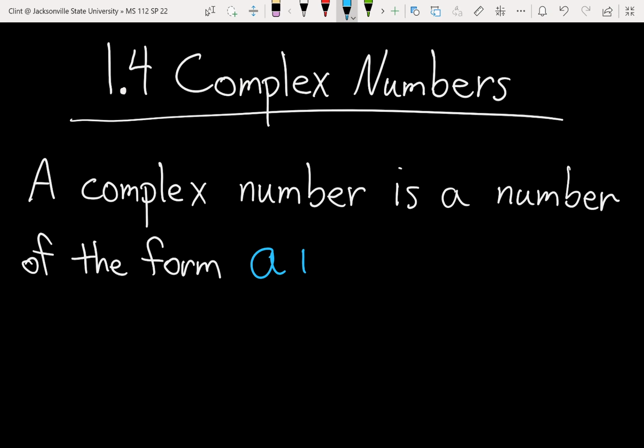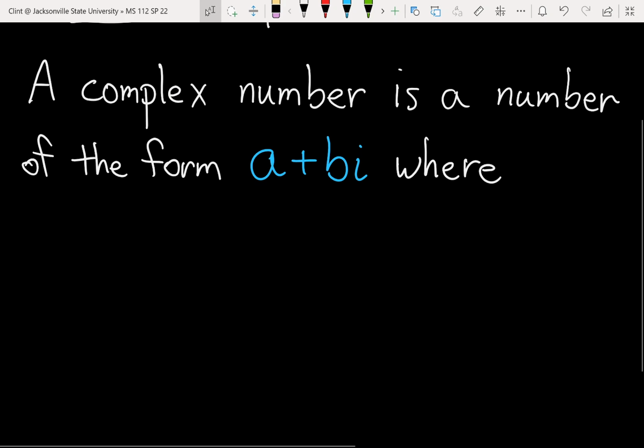It looks like a plus bi. What is all this stuff?